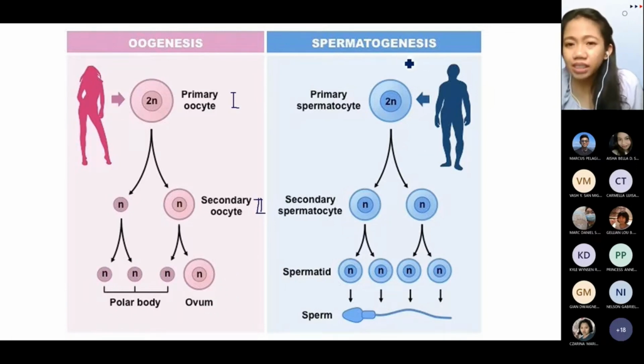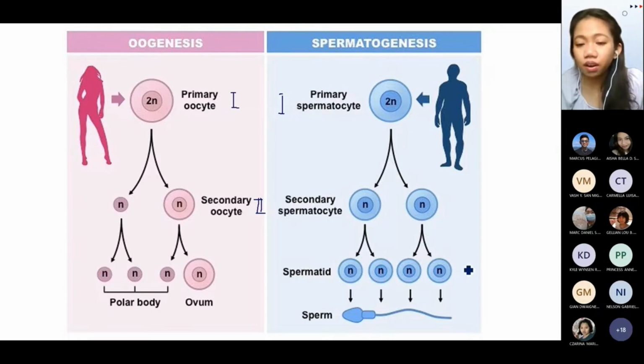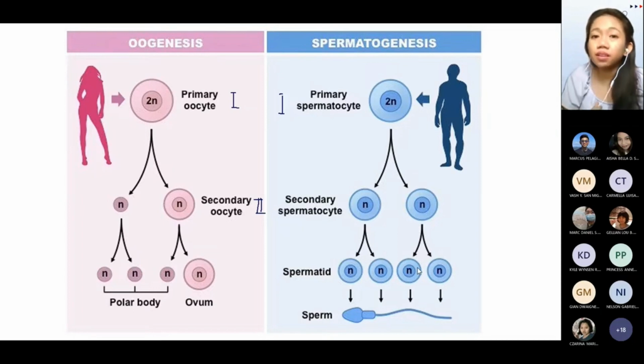In spermatogenesis, you have a primary spermatocyte. So ito yung mag-undergo ng meiosis 1. Secondary spermatocyte will undergo meiosis 2. And then the result are spermatids. Now, during this time, hindi pa to mature. The spermatid will need more time. So, ang mangyayari dyan, liliit yung head ng spermatid bago siya maging functional na sperm.